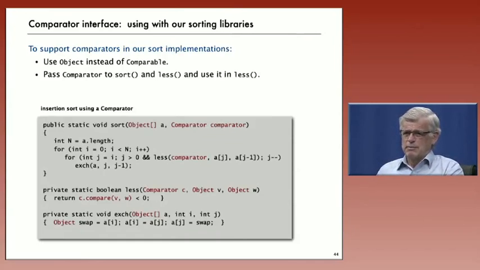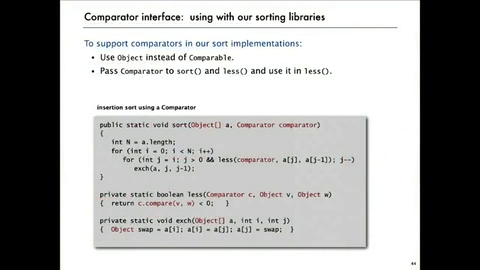So in our sort implementations, we can change them as shown in this example to support comparators. To support comparators, we'll pass an array of objects instead of an array of comparable, and then as a second argument, pass a comparator. Then the less method will take that comparator as an argument, and it's the one that actually invokes the method compare of two different keys.